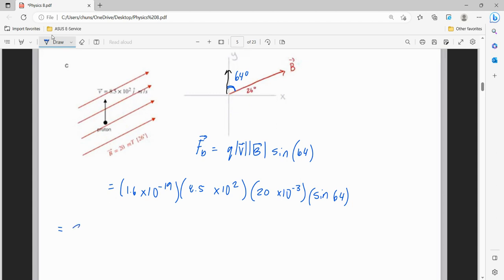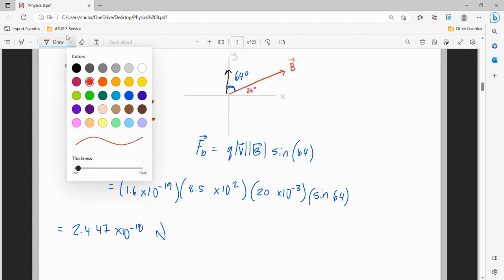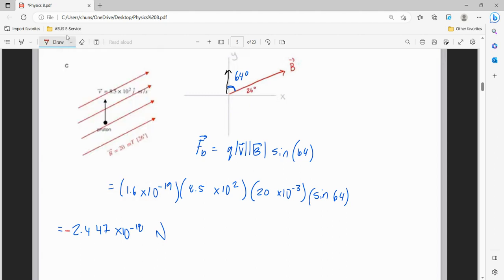And this is equal to 2.447 times 10 to the negative 18 newtons in our negative k direction, which is into the page. Okay, so this is kind of just a review for our right-hand rule for cross-product formulation and what vectors form as a result of two vectors.